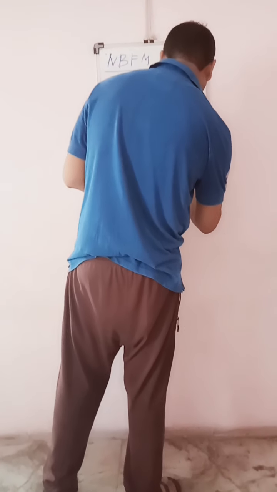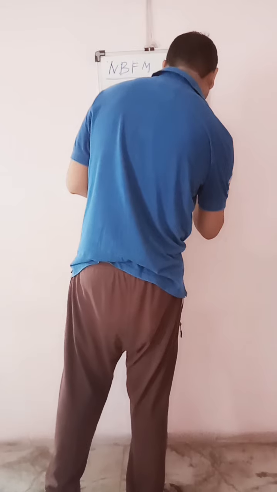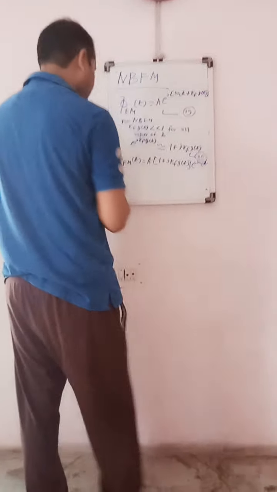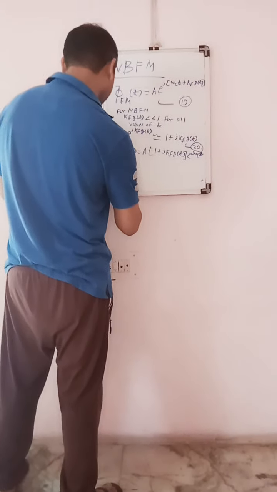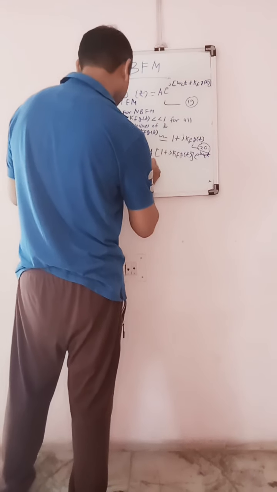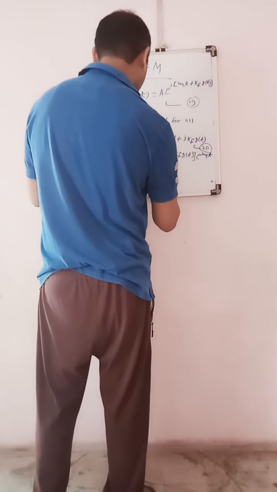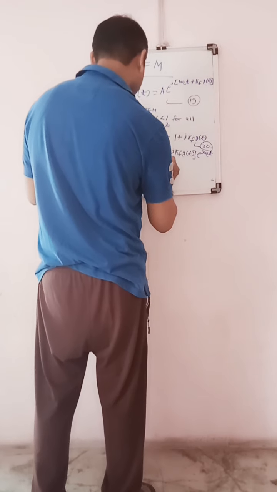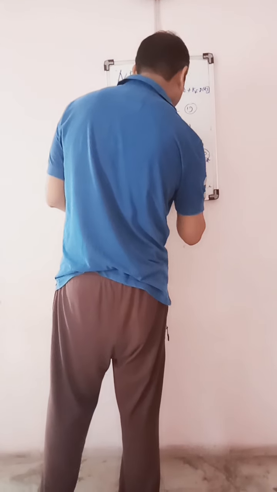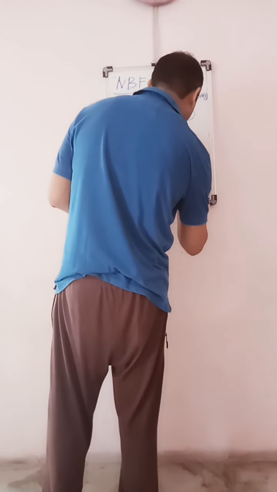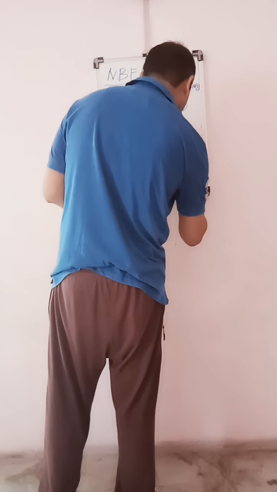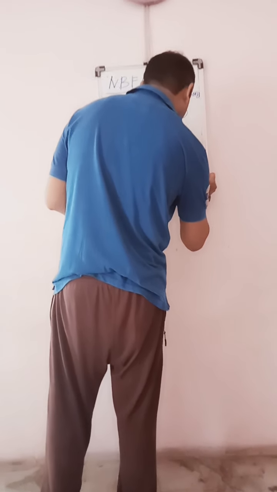So we write here cos omega ct plus j sin omega ct. I am expanding the e to the power j omega ct, which is equal to cos omega ct plus j sin omega ct. Right?